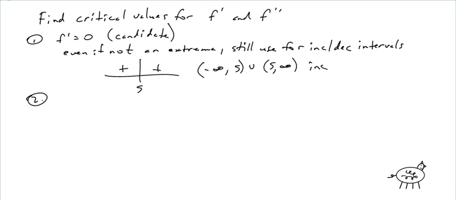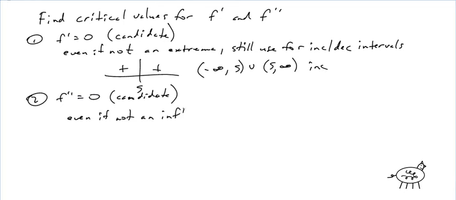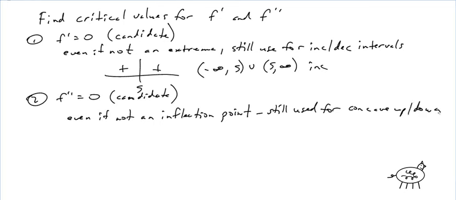And the second thing is when f double prime equals 0. Again, this is a candidate for an inflection point. But even if not an inflection point, it's still used for concave up and down intervals.